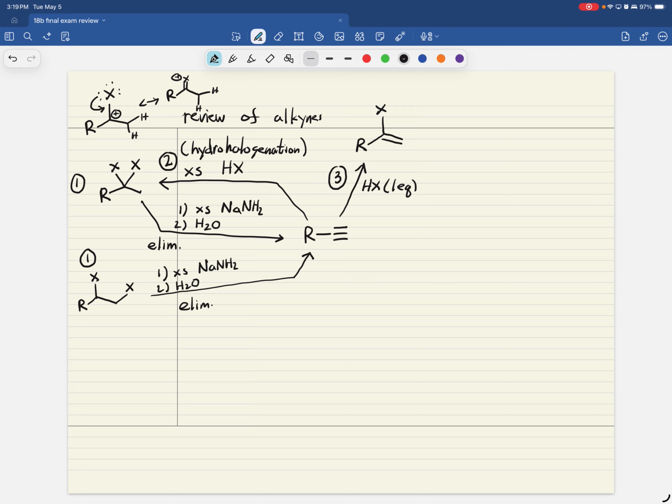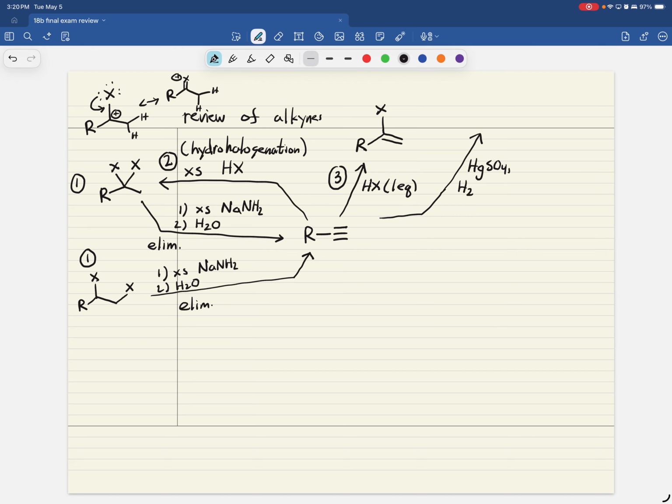Now let's go through what else we should do. For alkynes, we can actually get to a ketone. Let me put the conditions first. Remember we have hydration, and this is catalyzed by mercury salts. I didn't show the mechanism for how the mercury is involved, but that's not something you need to remember.